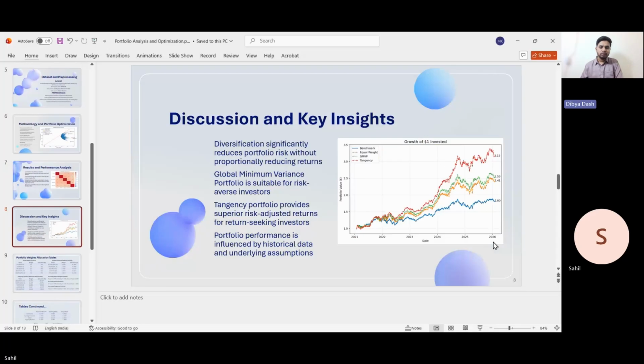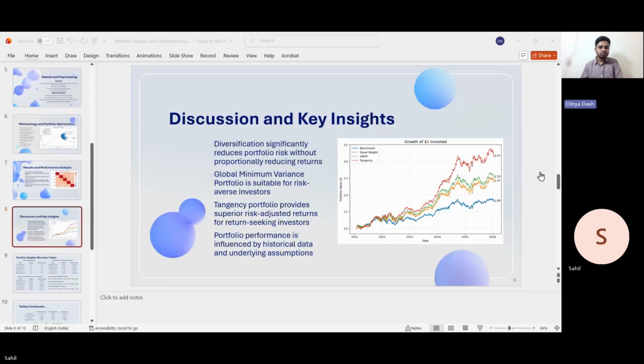The GMVP suits risk-averse investors, offering steady, low volatility performance. The tangency portfolio is ideal for those seeking higher returns. It delivers the strongest risk-adjusted performance and consistently outperforms both the benchmark and equal weight approach.